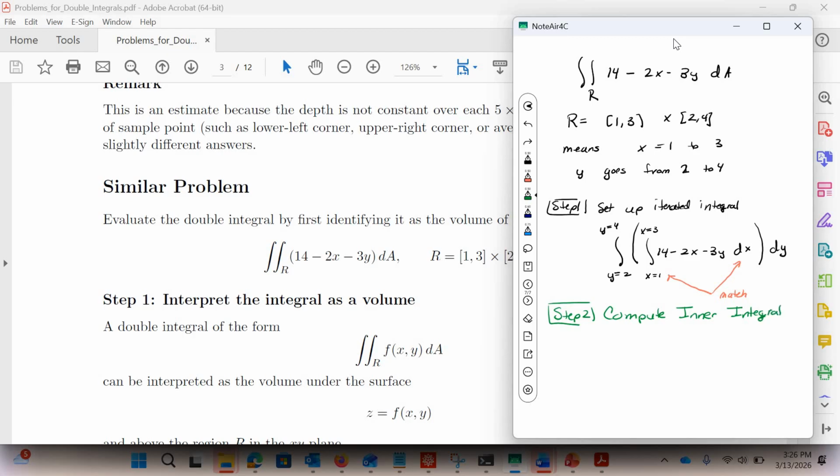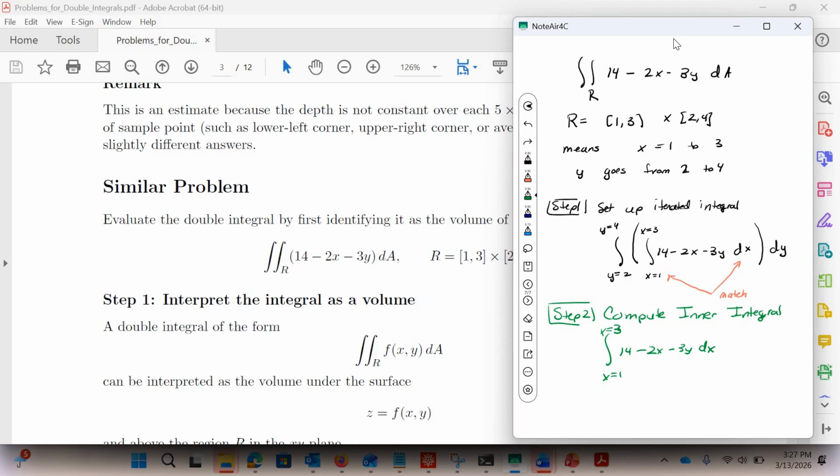So you do the integral from x equals 1 to x equals 3 of 14 minus 2x minus 3y dx. The way you do that is you hold the y constant and you integrate with respect to x. I'm pulling this out by itself because the way scores are done is by looking for different pieces.